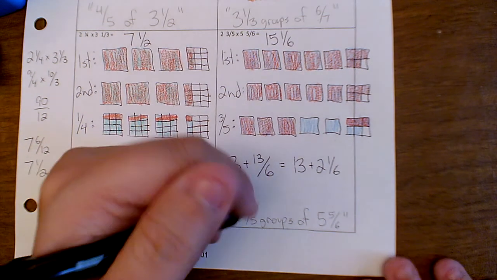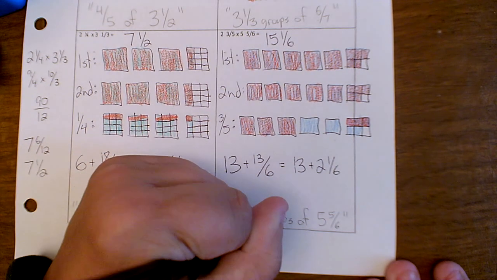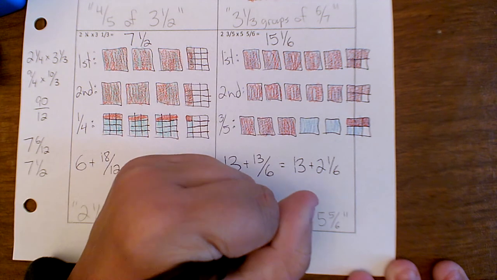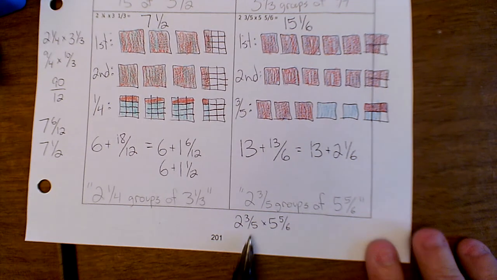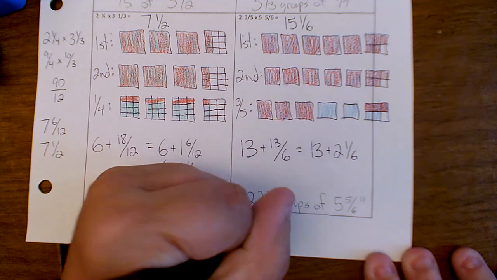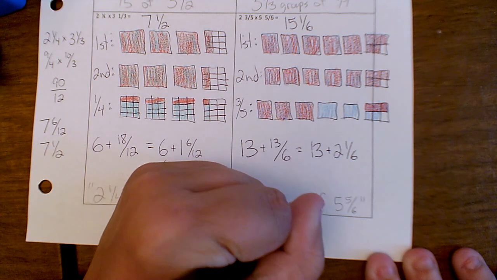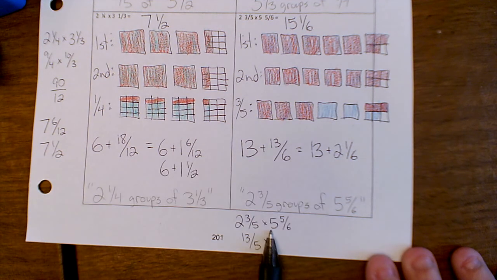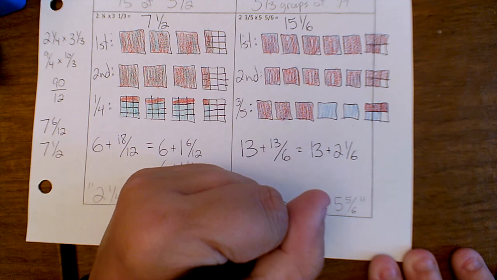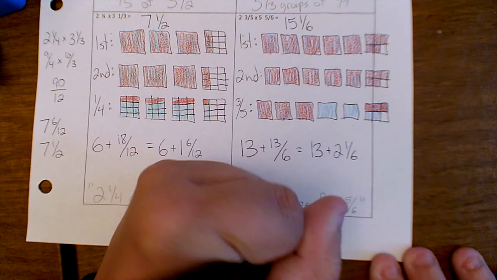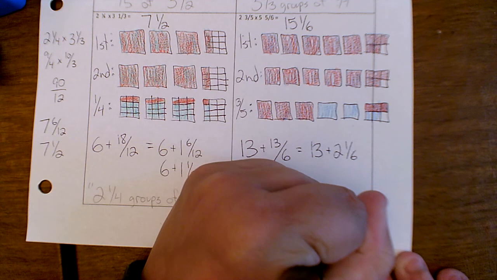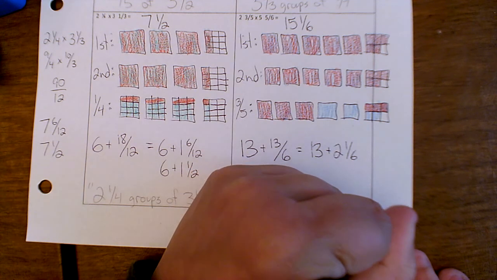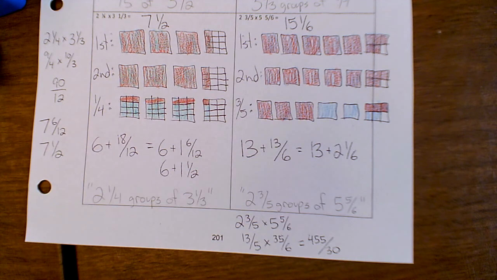15 1/6. And if we check with the standard algorithm to make sure we did this one right, let's see, that would be 13 fifths times 35 sixths. So that should come out to be 455 thirtieths.